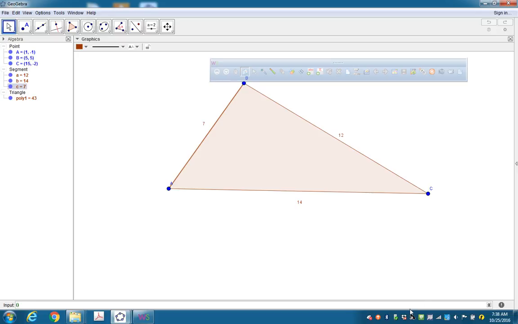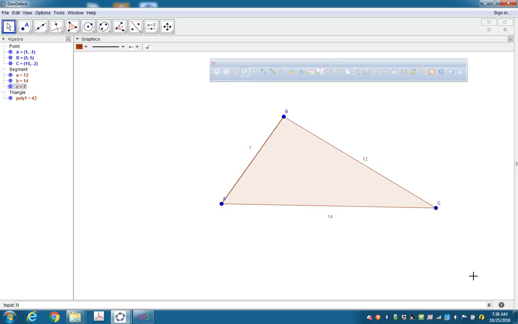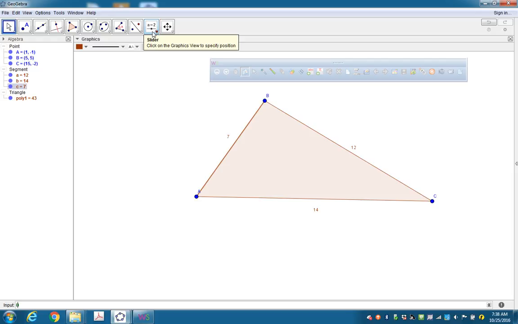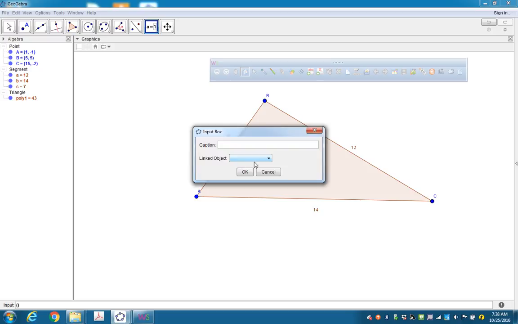What if I go here? Maybe I could do this. Let me try something else. Text, checkbox, okay. Input box. Well, let me put things in here. Linked object. Oh, maybe this will work.